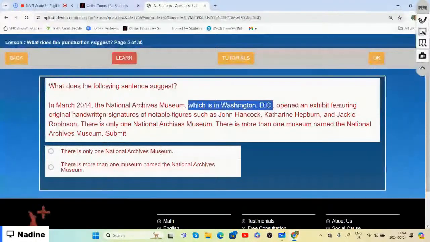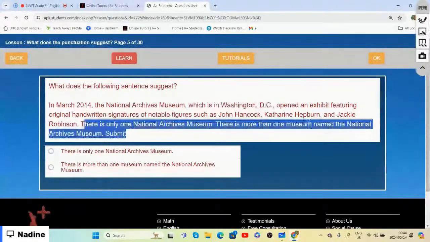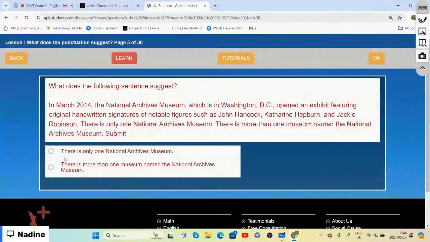Does it mean that there's only one National Archives Museum, or does it mean that there is more than one museum that is named the National Archives Museum?